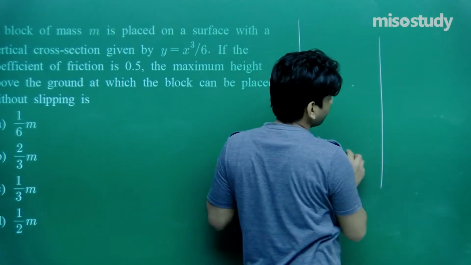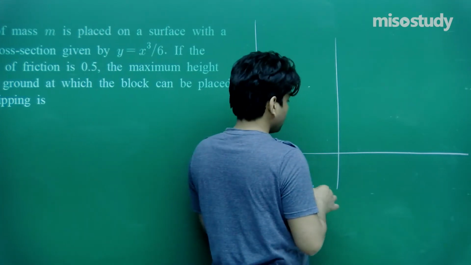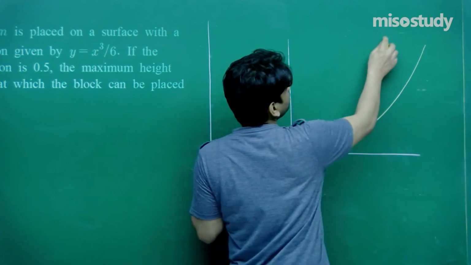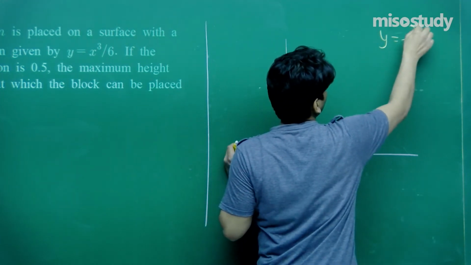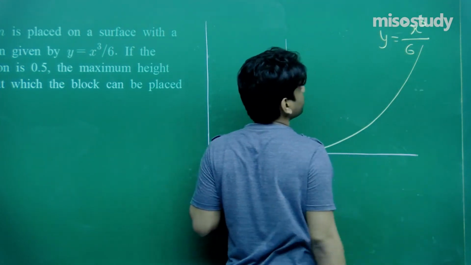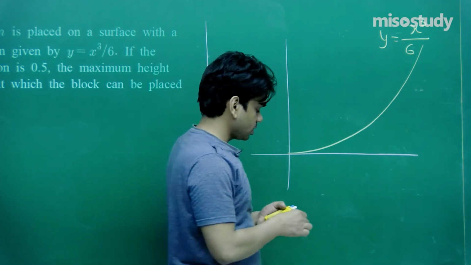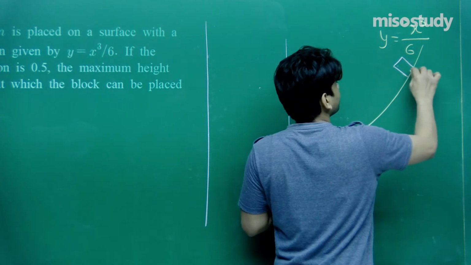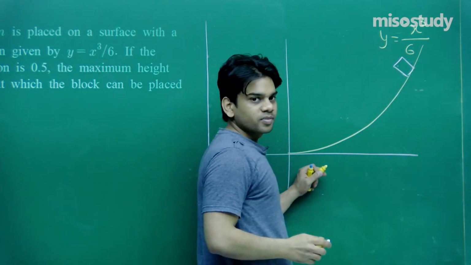First of all, it's given that y equals x cubed by 6. Let's say this line follows the equation y equals x cubed by 6. The block is kept here. Let's say when it is placed here, it will not slip.